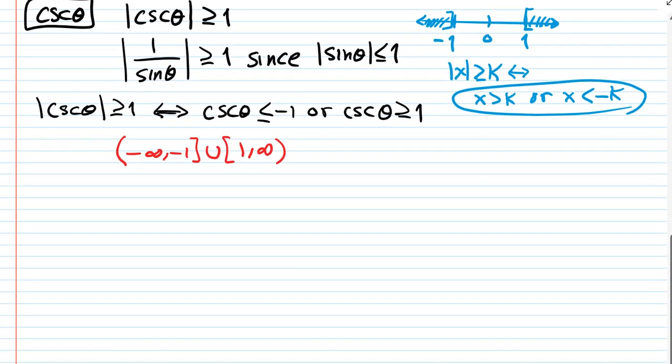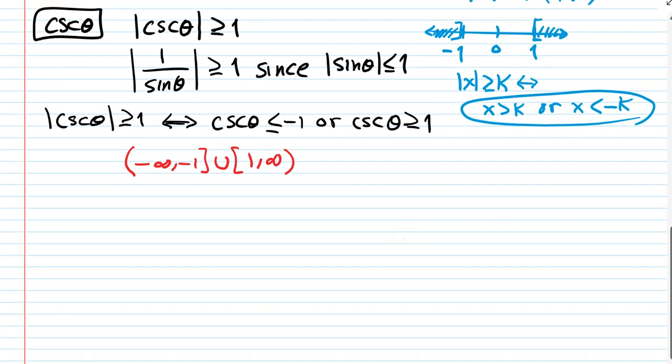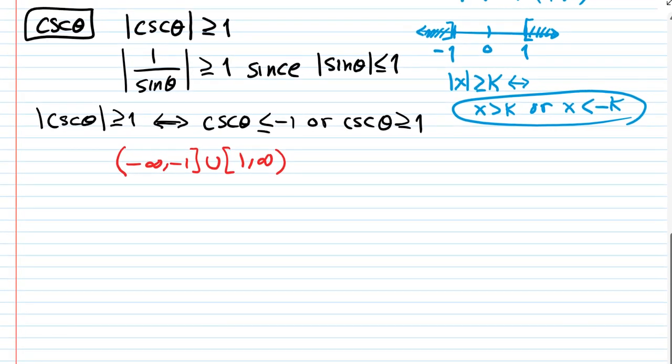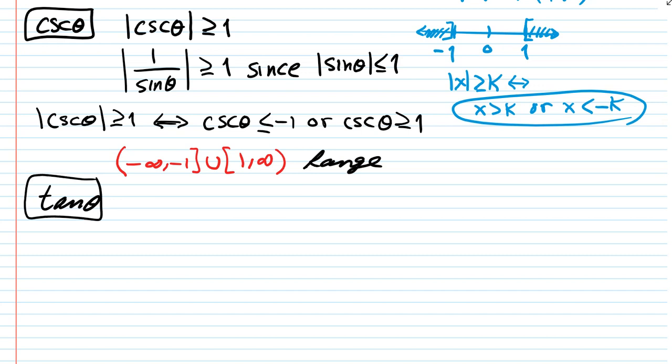Now let's look at tangent. For tangent and cotangent, it's a little tricky, not really bad, but to show the range of these, well, that's the range for cosecant, and we're doing tangent now. Okay, so for tangent, here's what I can do.